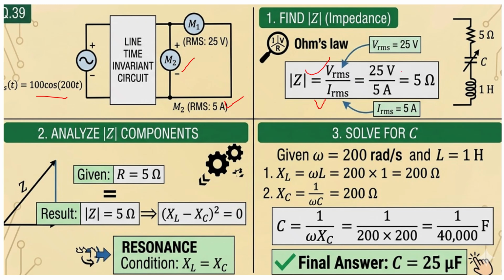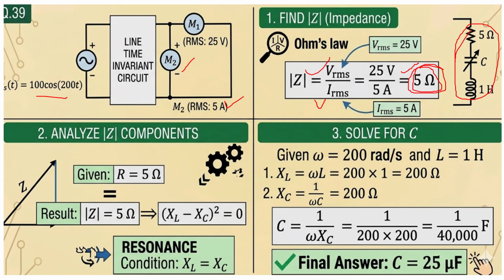So put the values and get the impedance. Once we get the impedance, we can find the impedance for this circuit and then equate. For our circuit, the impedance will be the square root of R squared plus XL minus XC whole square, right?